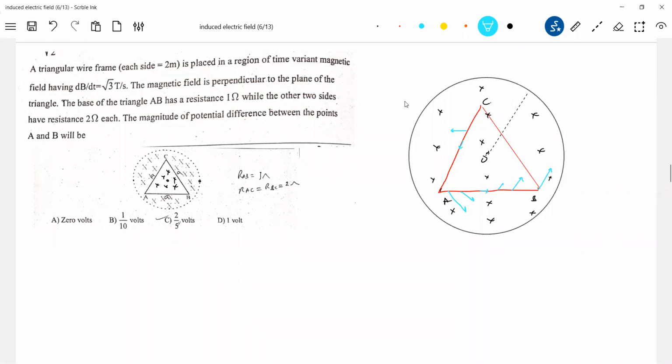So again, it will be like this. So there'll be EAC, all will be non-zero.